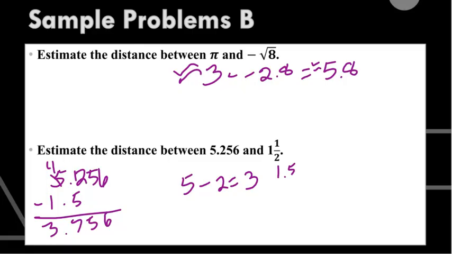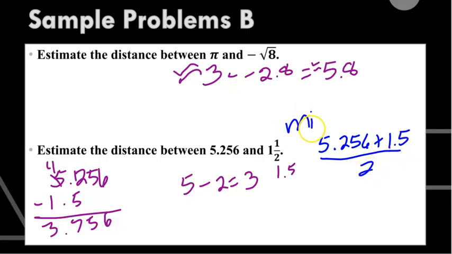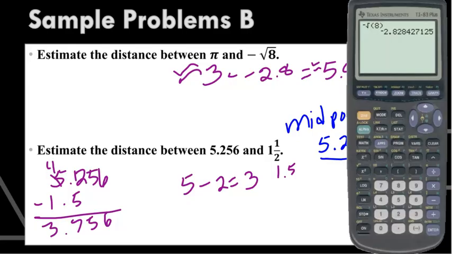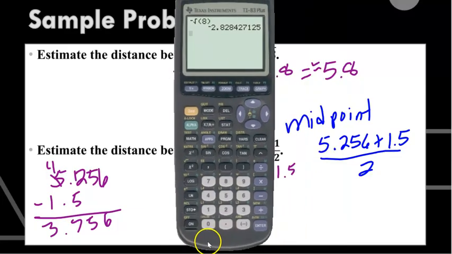Now, if we were to find the midpoint between these two, we would have to add the two numbers. So I would have to take 5.256, add 1.5 to it, and then divide by 2. So I'm going to put down, this is the midpoint. And then we're going to grab my calculator here. And so we have 5.256.